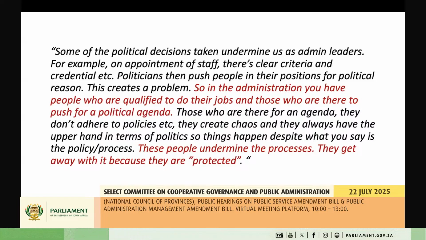Those who are there for an agenda don't adhere to policies, etc. They create chaos and they always have the upper hand in terms of politics. So things happen despite what you say the policy or the process is. These people undermine the process. They get away with it because they are protected. So colleagues, you can see it destabilizes the process. It creates loopholes that make corruption a lot easier, and it makes accountability a lot more difficult.